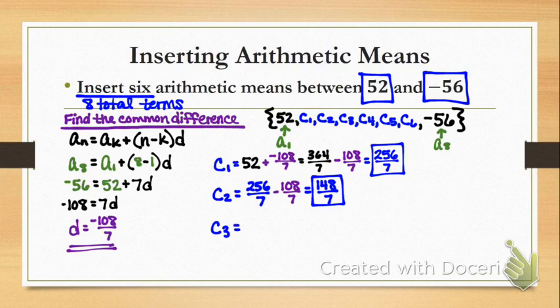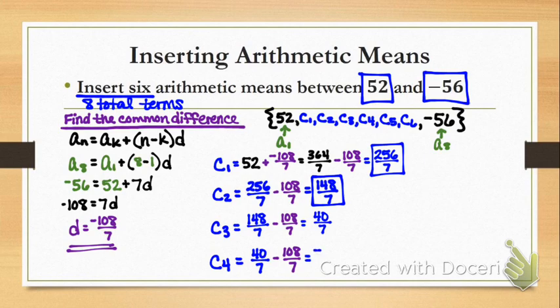The third term we were asked to find, which is the fourth one in the sequence, is how much? 40 over 7. Fifth one in the sequence, the fourth one that we were asked to find, 40 over 7 minus 108 over 7. Negative 68 over 7.